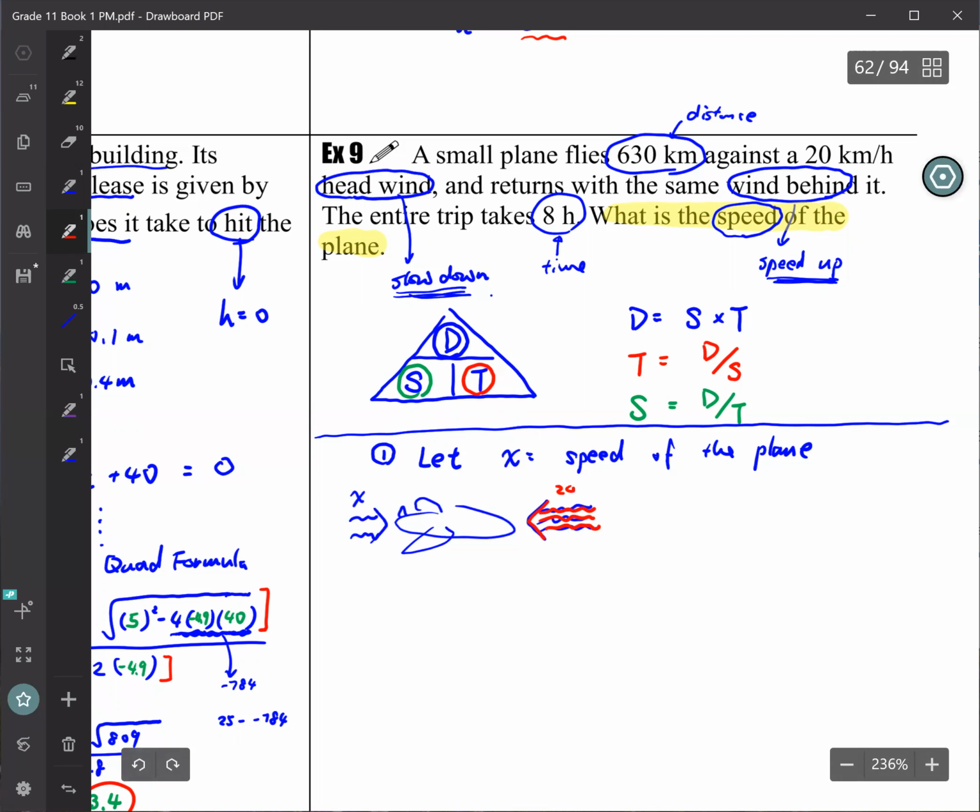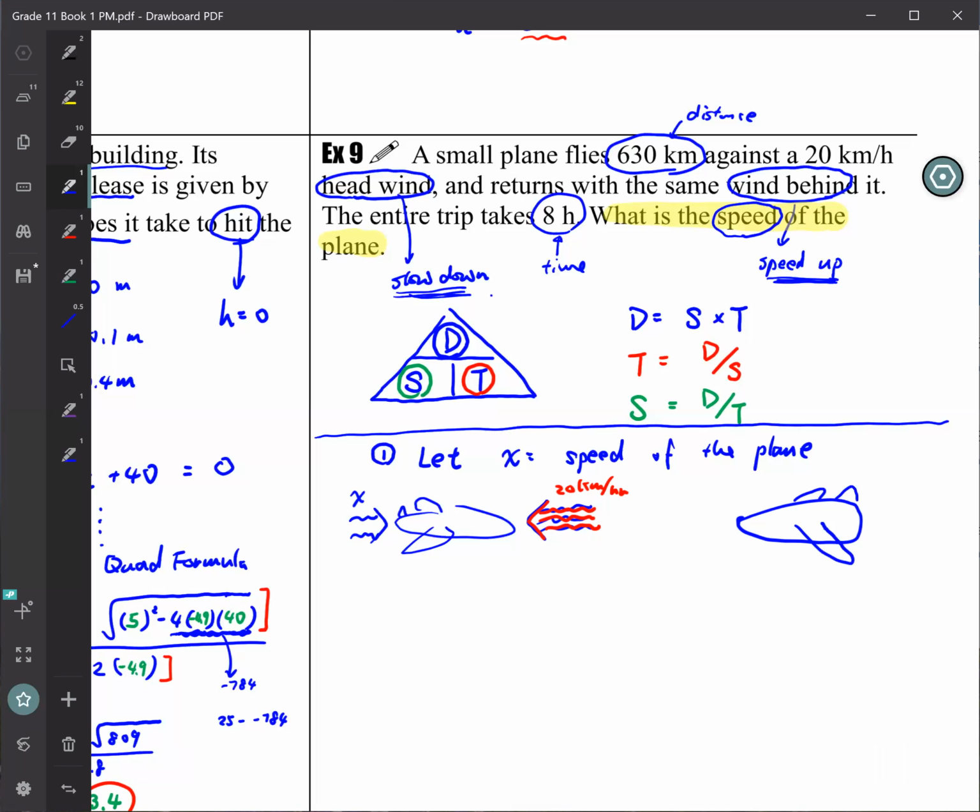Wind is 20 kilometer per hour. Okay, and this is the going. And then when the airplane returns, the wind doesn't change direction, okay? Then it becomes the tailwind, right? Wind blows behind it.